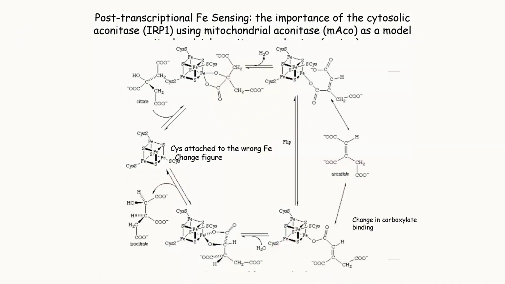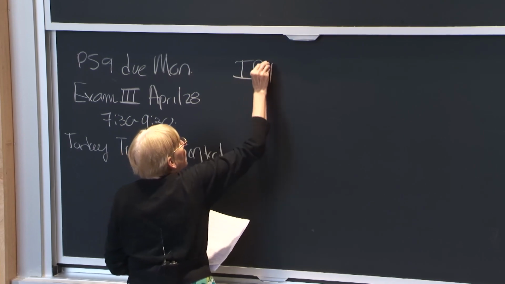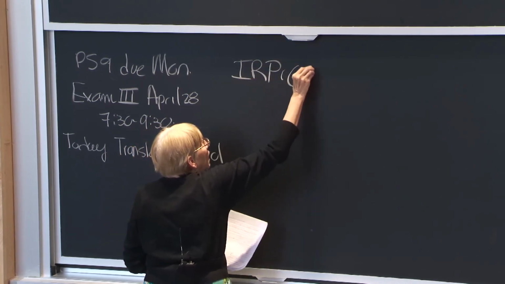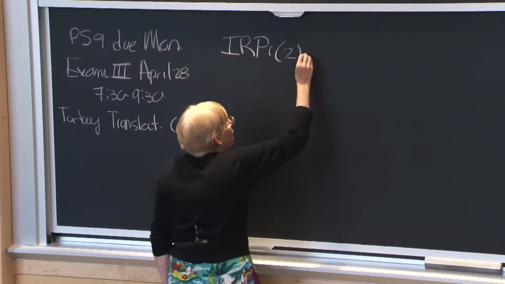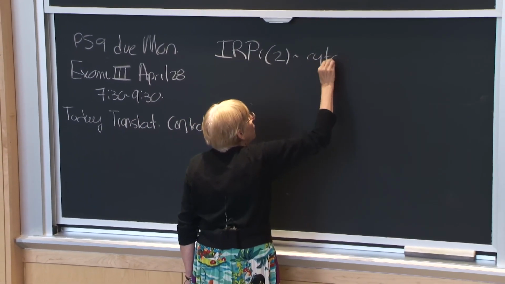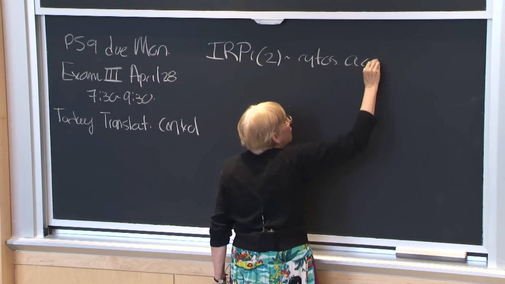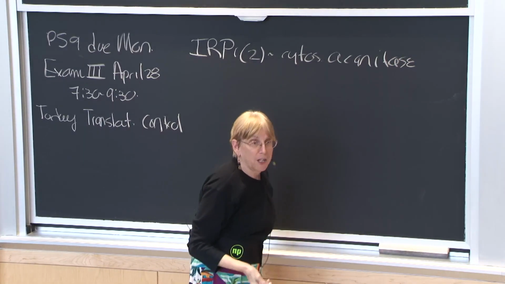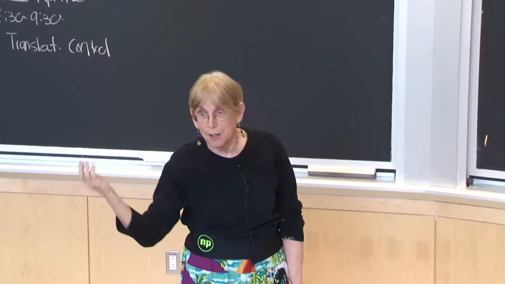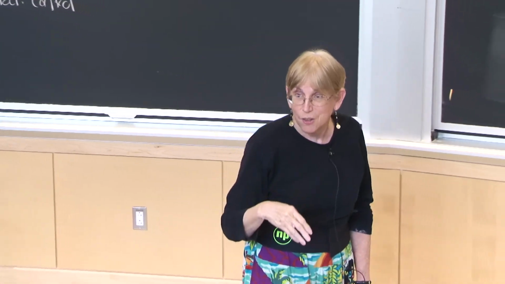So the last time we were talking about one of the protein players, IRP1 and IRP2, and I told you that IRP1 was a cytosolic aconitase, and that you had seen the aconitase reaction, which I drew on the board last time, which is conversion of citrate into isocitrate.